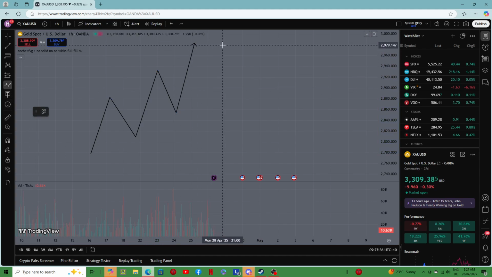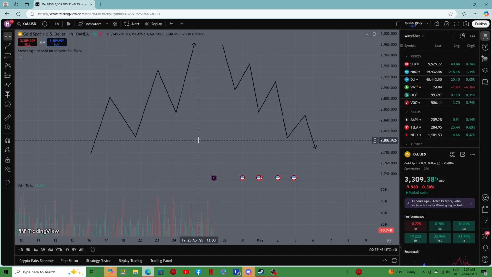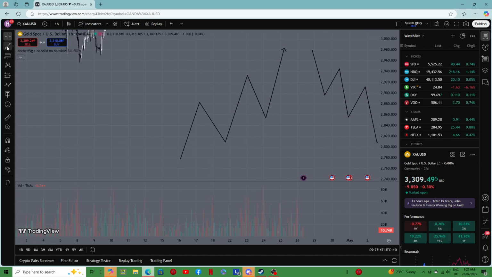So here's our uptrend, here's our downtrend. So this is our uptrend. We can tell there's an uptrend because we have higher highs and higher lows.